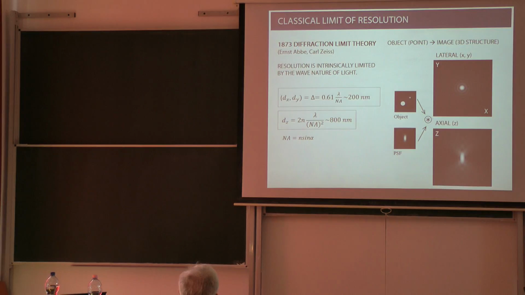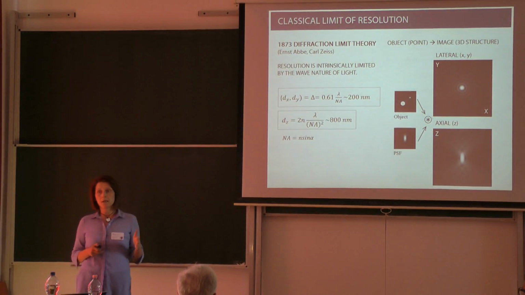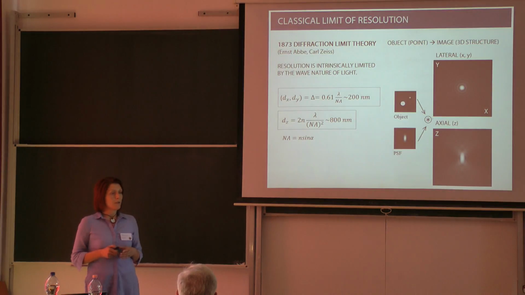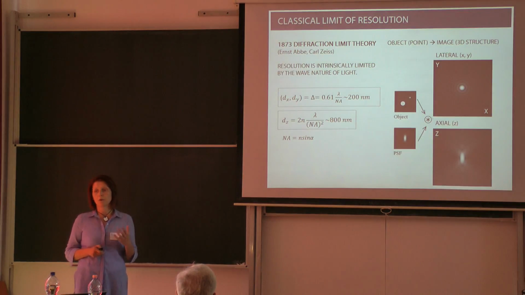Okay, so to introduce the concept of super resolution microscopy imaging, we have to go back to the 1870s, when the diffraction limit theory was first formulated by Ernst Abbe. This theory tells us that the resolution limit of a light microscope, that is how small things we can see or distinguish on the image, is inherently limited by the wave nature of light.